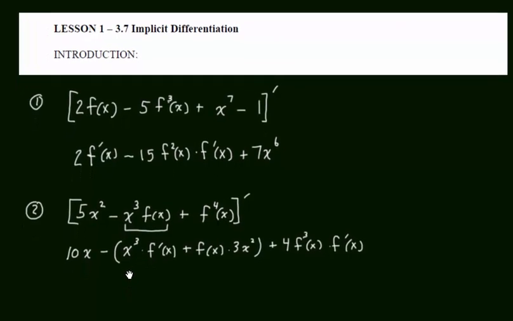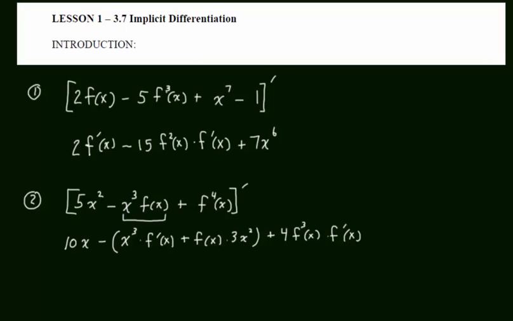I want to show you another way, the way that I like to do it. We would say here again 10x for the first term, and then I would treat the minus x cubed as if it's plus a negative x cubed. So that would lead me to first term, negative x cubed, times the derivative of the second, f prime of x, plus second term, f(x), times the derivative of the first, and that would be a negative 3x squared.